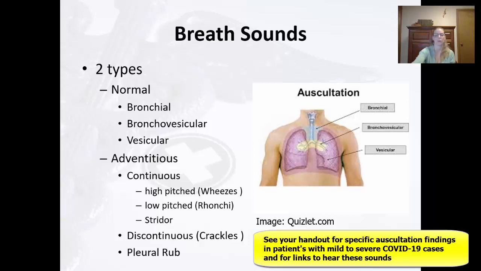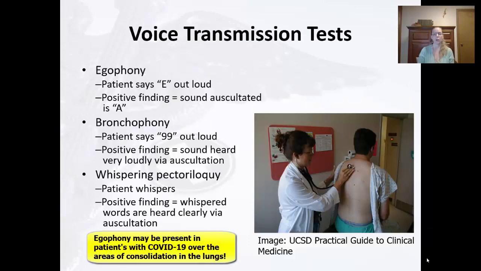All right, voice transmission tests. One of the ways that we can find out if the patient has some consolidations in their lungs is by using voice transmission tests. If the patient has secretions in the lungs, the sounds are going to be louder, okay?